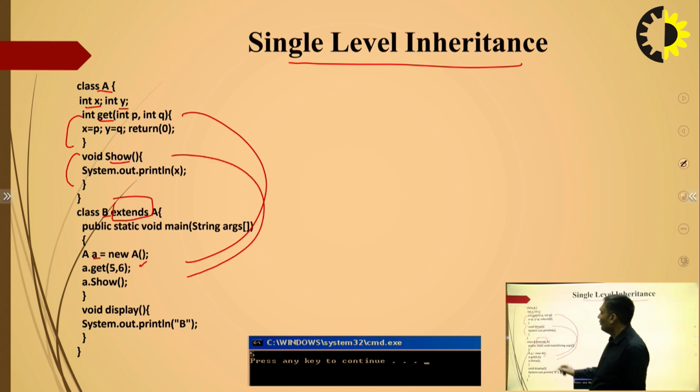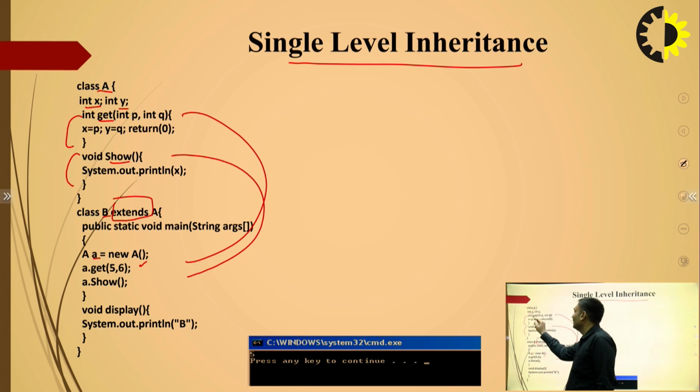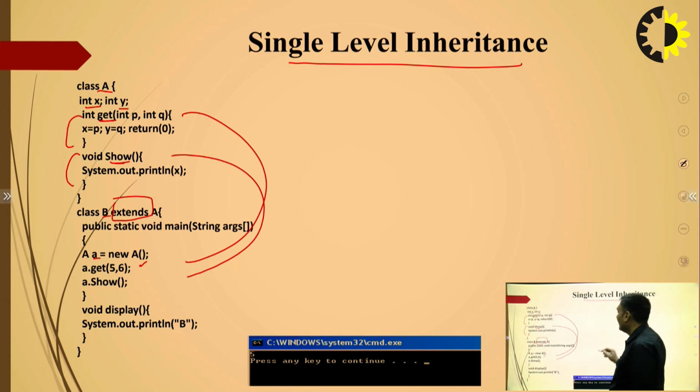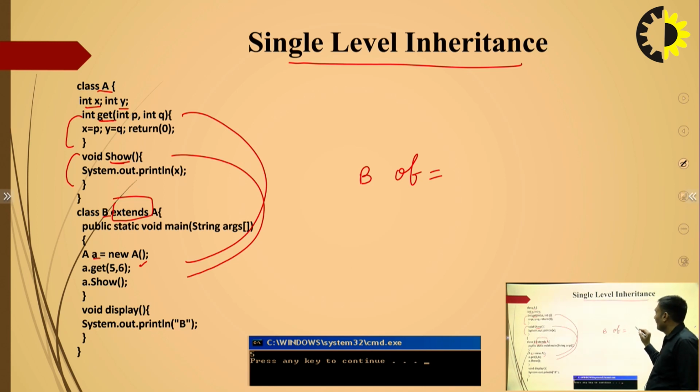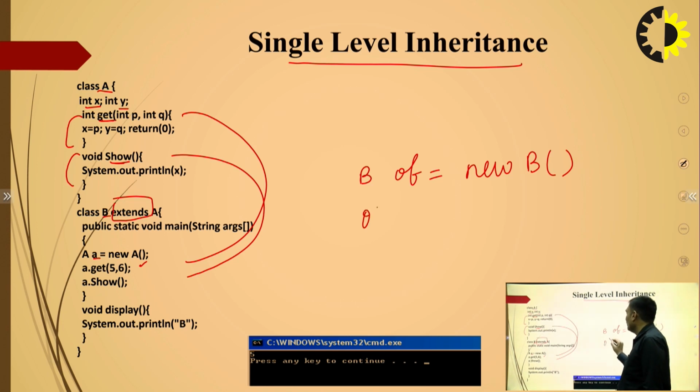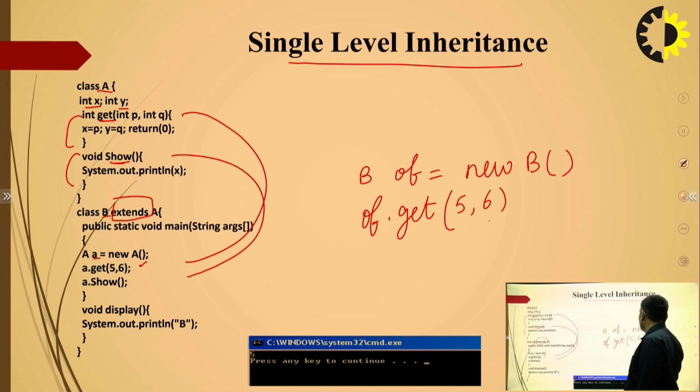A dot show, this method will be called. Now if I want to access these two methods, get and show, with the object of B, what can I do? I can create the object of B like this, and I can do ob dot get, and I can do ob dot show.